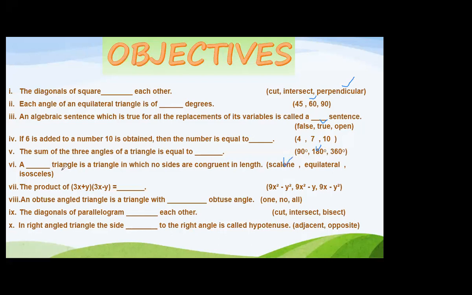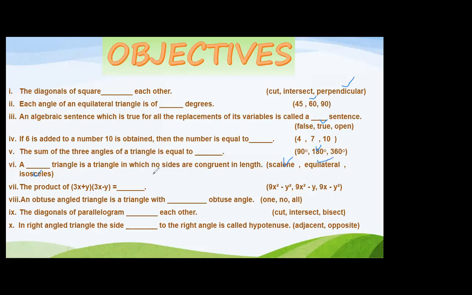And if I say a triangle has two sides congruent, then what will it be? Isosceles. Isosceles triangle, and having all sides equal, it is called equilateral.